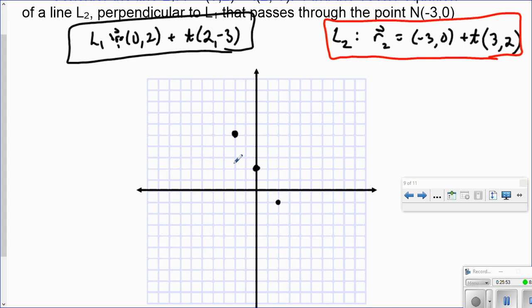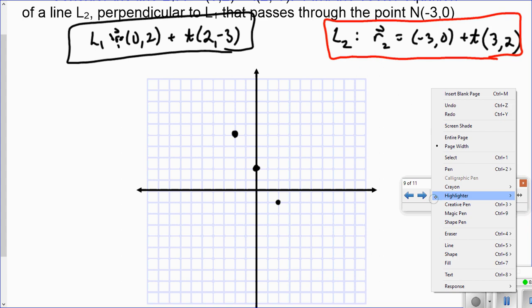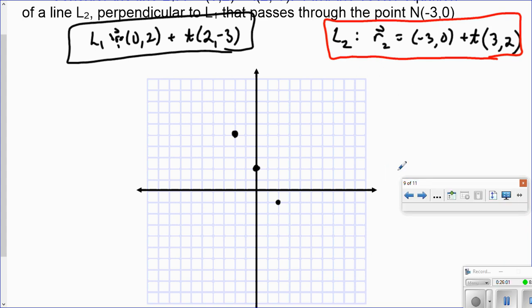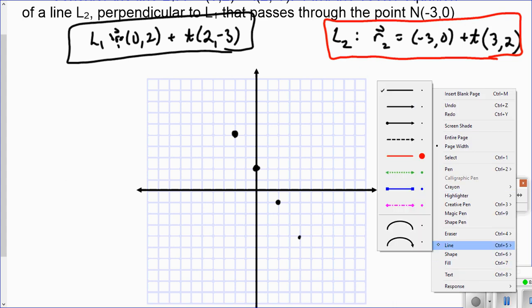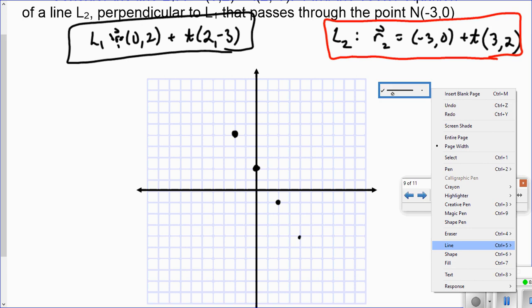Back 2 and up 3, over 2 and down 3, and that gives the line here.